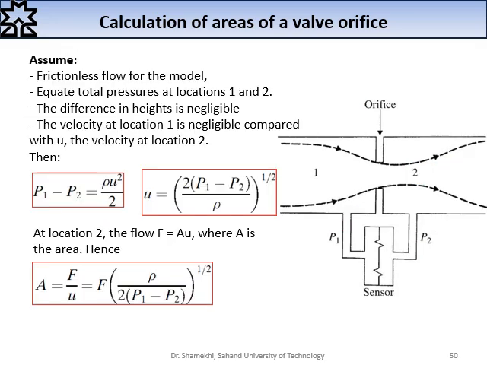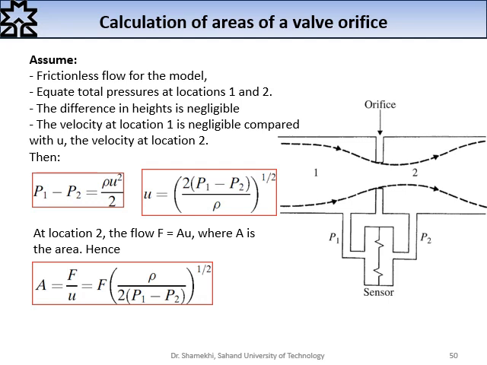Based on the main Bernoulli equation, we have some assumptions. The first one is frictionless flow for the model. The second one is that total pressure at location 1 and 2 are equal. Also, the difference in heights is negligible, and the velocity at location 1 is negligible compared with U, the velocity at location 2.